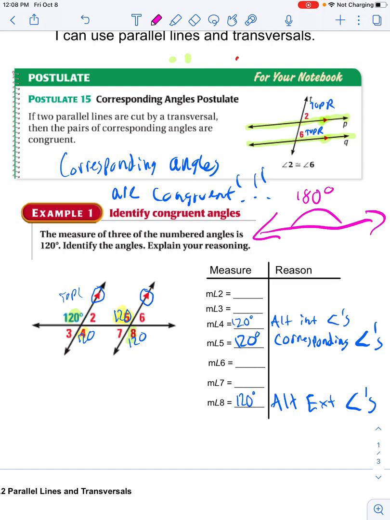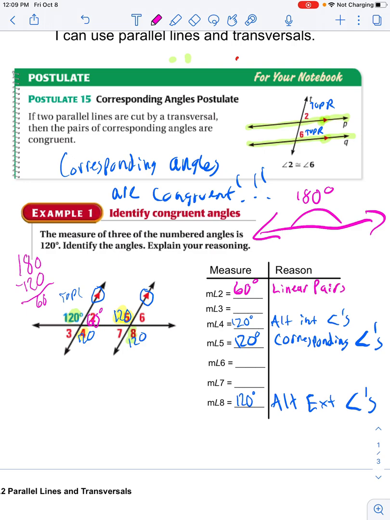So if my transversal is a line and this already is 120, I can say that 180 minus 120, all that's left over is 60. So this angle 2 has to be 60 degrees because it's the definition of a line. And we're going to call those linear pairs.